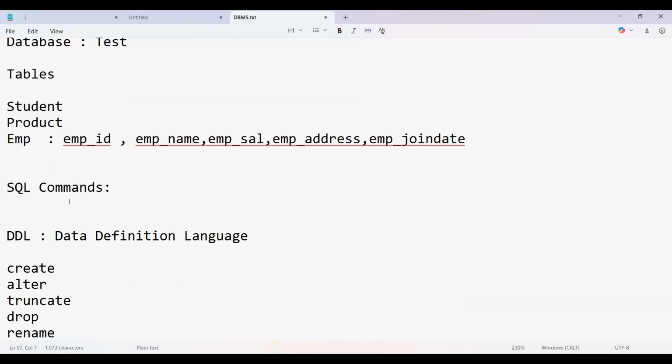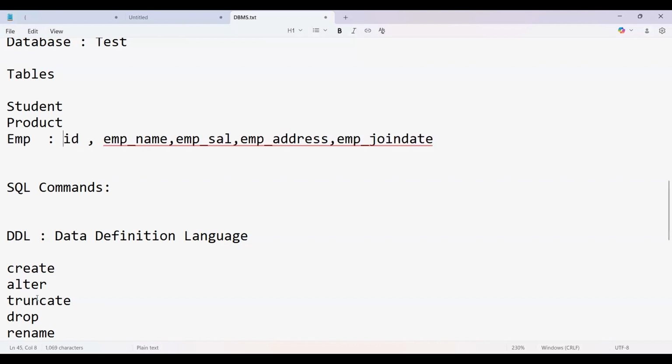Once after creating your table, if you want to change the name of a column, suppose I want to change the column name from employee ID to ID, you can use the alter command to change it.